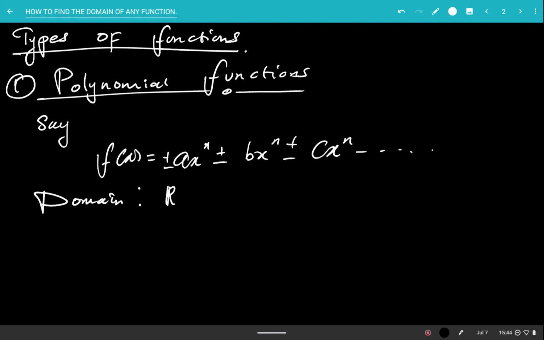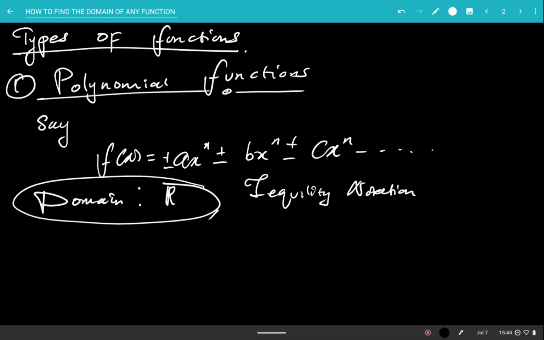All real numbers. Now, when I say all real numbers, you need to understand that we have different ways in which we can represent the domain of a given function. Like in this case, if I choose to use the inequality notation, it implies that I'll be looking at a condition where I have something like this.